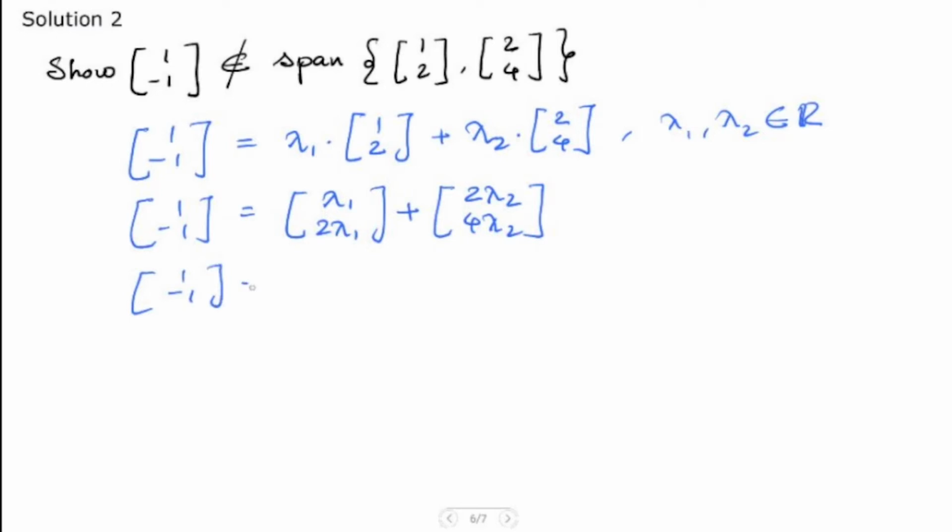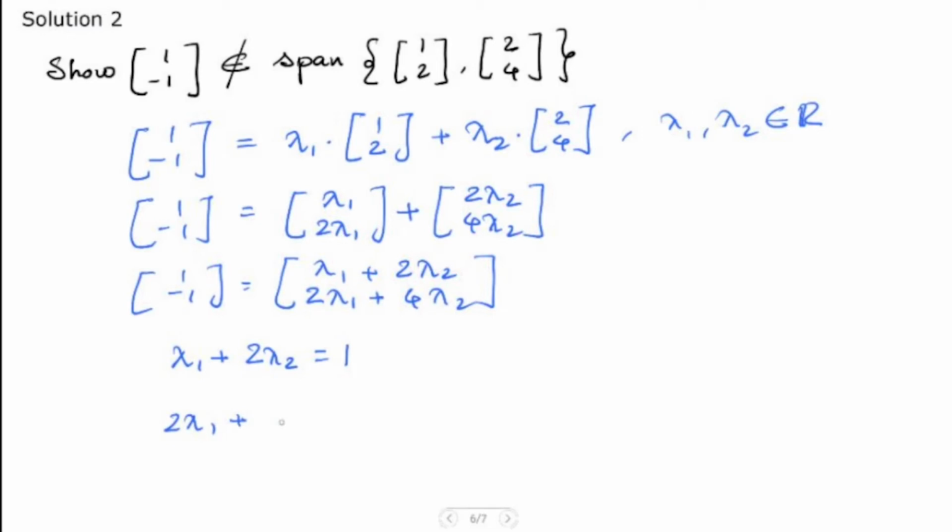So solving it further, this would be lambda 1 plus 2 lambda 2, and here it's 2 lambda 1 plus 4 lambda 2. Now writing these as equations, you have lambda 1 plus 2 lambda 2 is equal to 1, and for the second equation, we have 2 lambda 1 plus 4 lambda 2 is equal to minus 1.